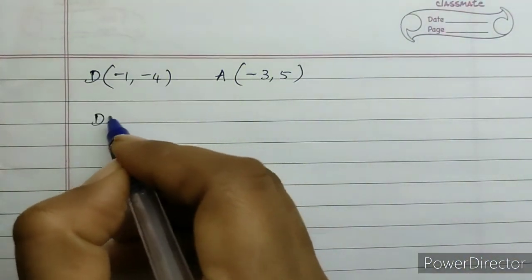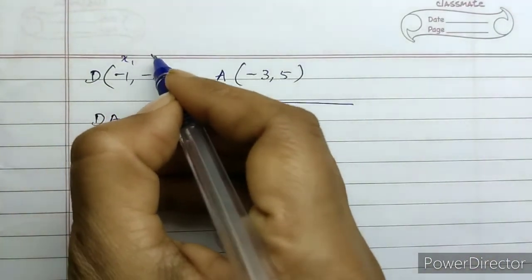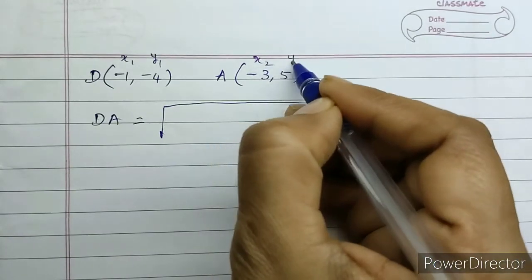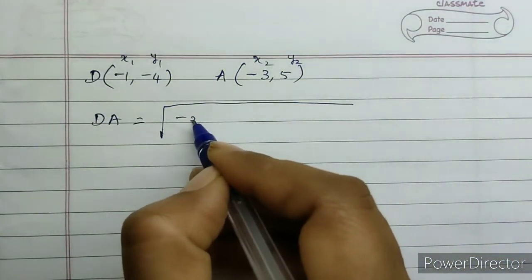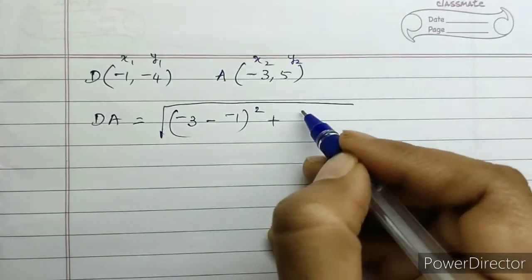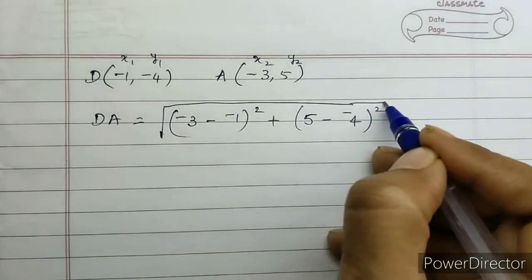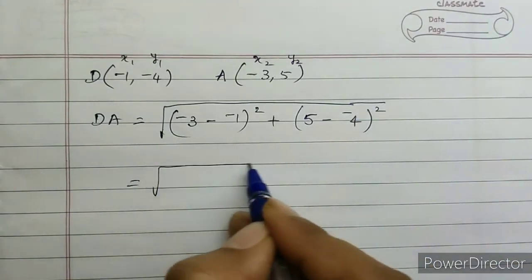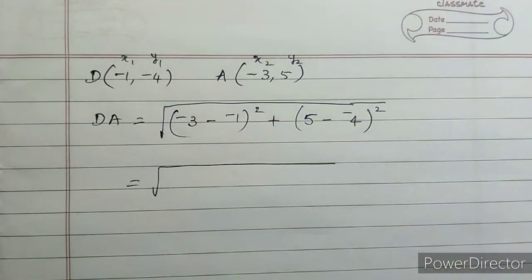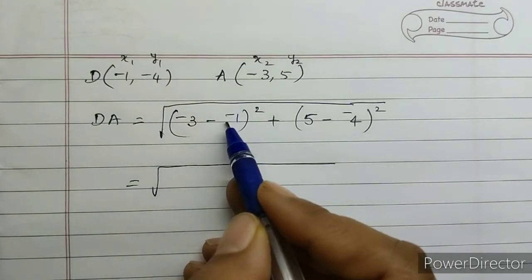So DA equals square root of, put x1 y1 x2 y2, x2 minus x1 the whole square plus y2 minus y1 the whole square, which is equal to square root of minus 3 minus negative 1. Change the sign and symbol.